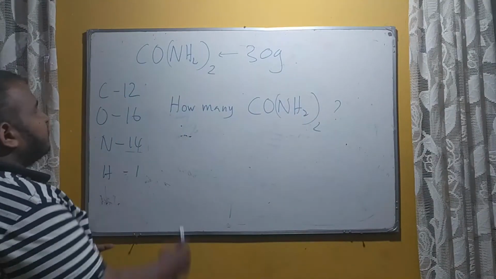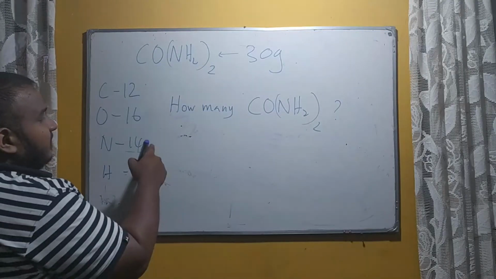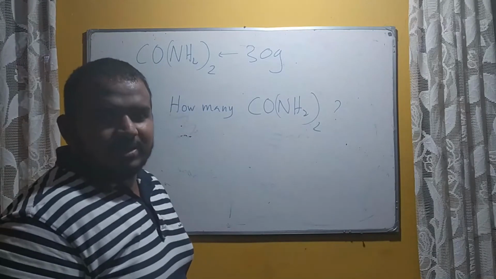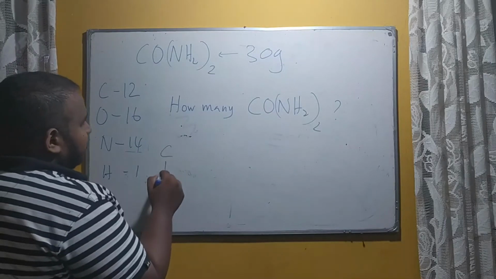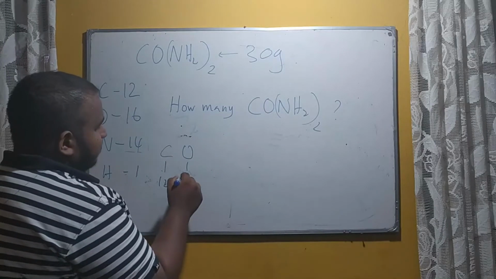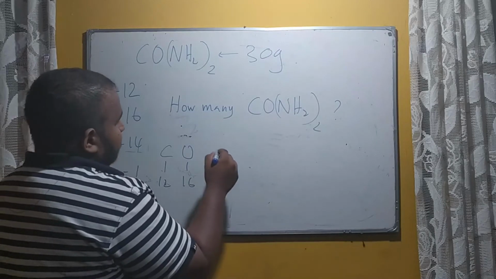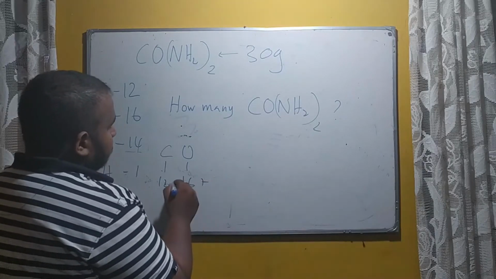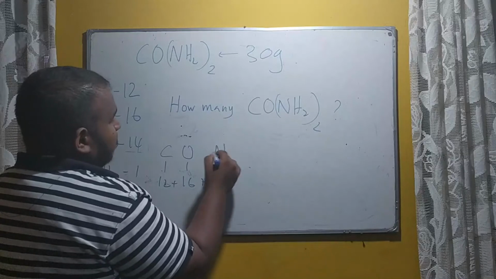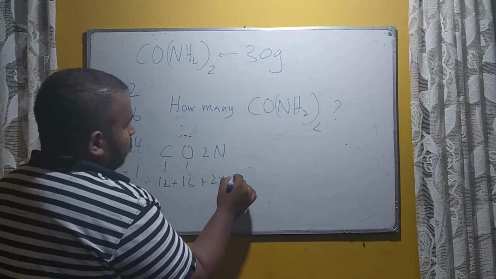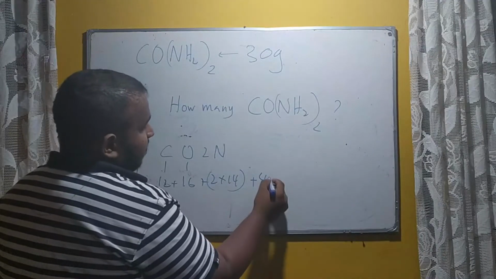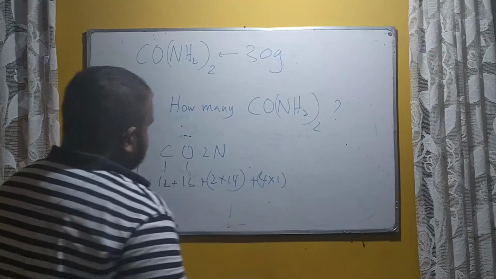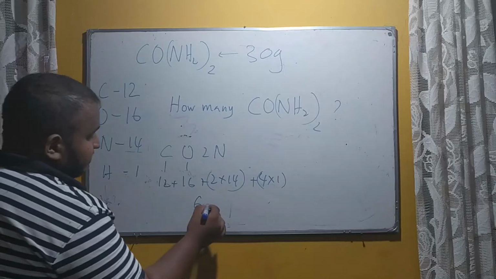We know that immediately we will find the relative molecular mass. How much will the relative molecular mass be? C is 12, oxygen 16, nitrogen there are 2 nitrogens, so 2 into 14, and there are 4 hydrogens, therefore 4 into 1. If you take the sum, it will be 60.